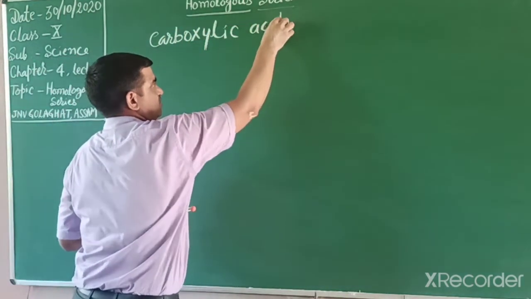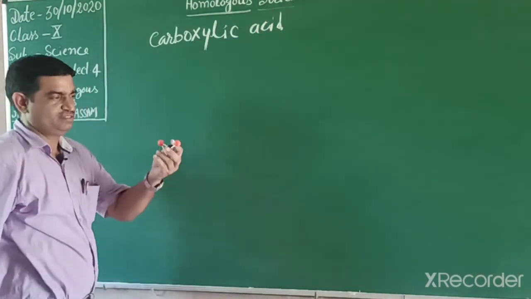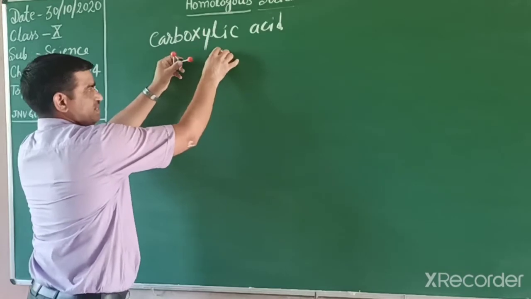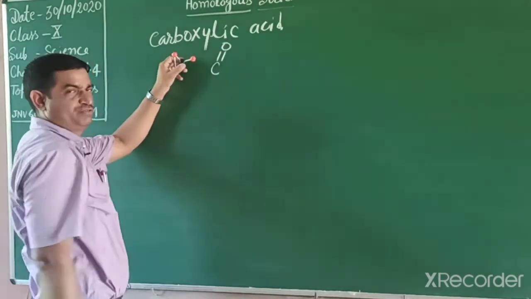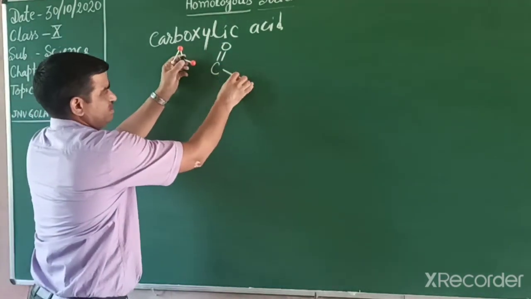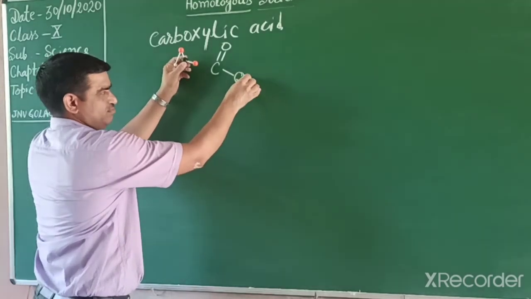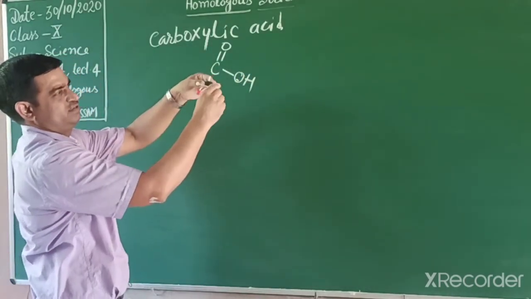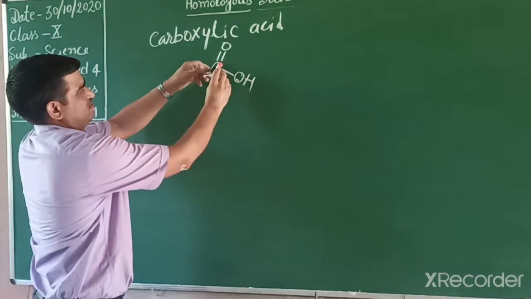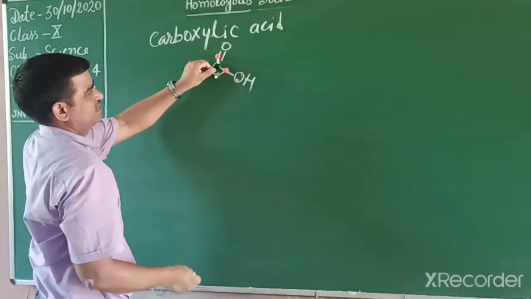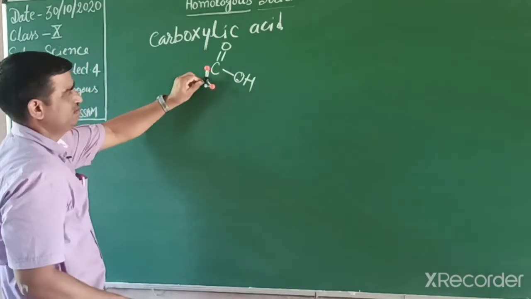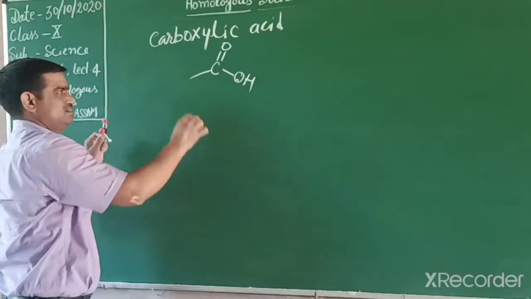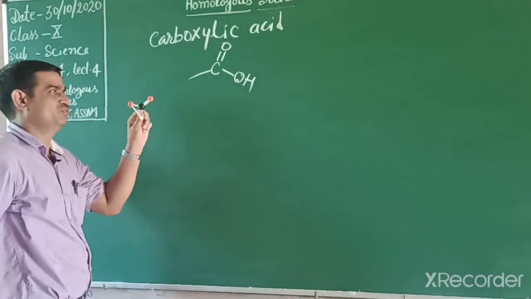Carboxylic acid. In this functional group, students, one carbon is attached with double bond oxygen, and the other is attached with single bond and OH. In this way we can make this bond like this. One carbon, CO and OH. On the other side we can write hydrogen or carbon.